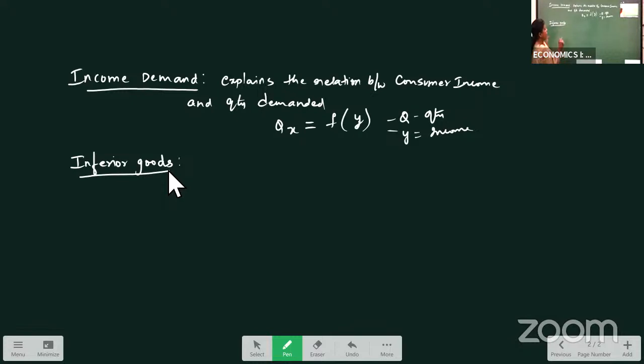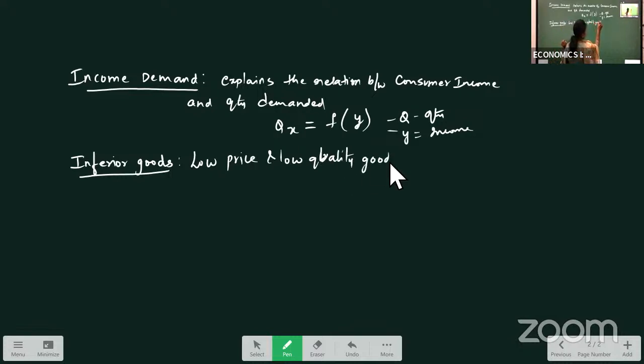Now first, what are inferior goods? Inferior goods are low priced and low quality goods, mostly taken when people's income levels are low. They are preferred mostly when the people's income levels are low.